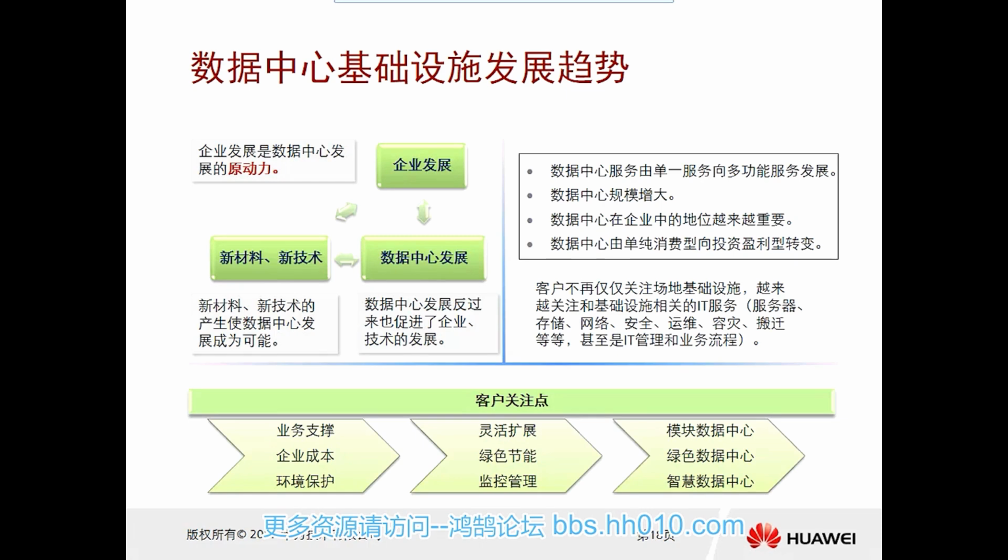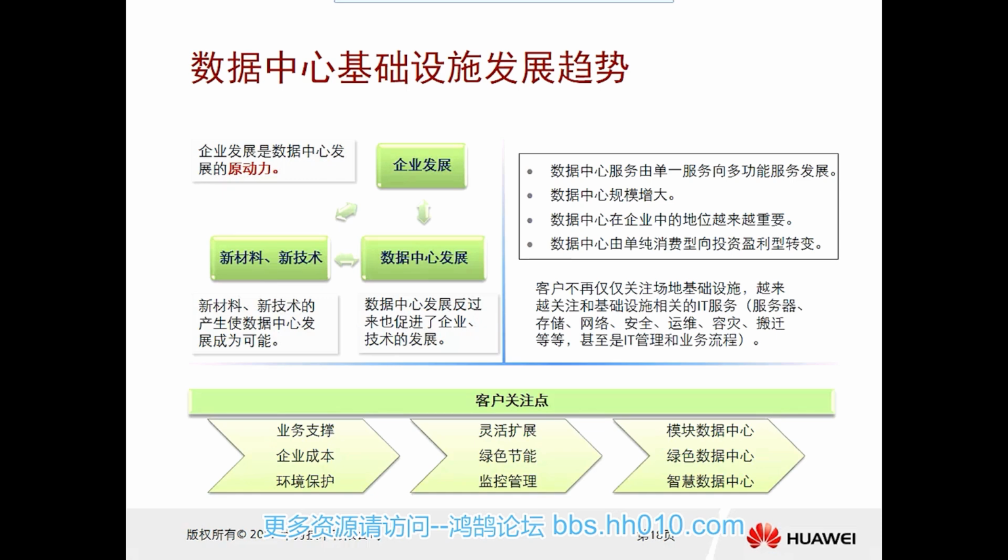So, what changes have occurred in our data center over the years? Let's get to know. Firstly, in terms of the data center, it is developing from a single service to multifunctional services. The functionality of previous data centers was definitely relatively simple.